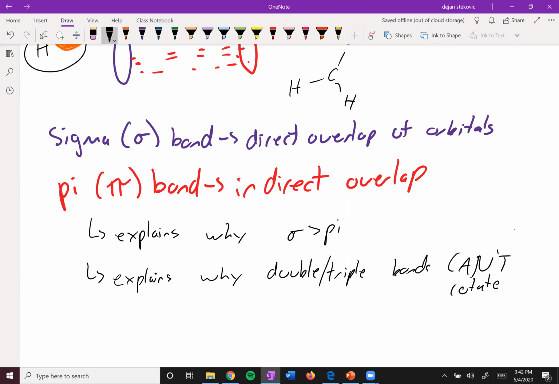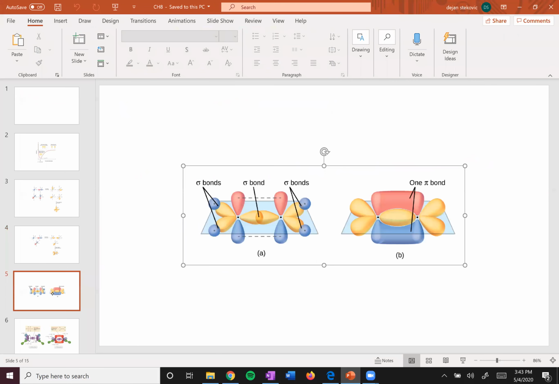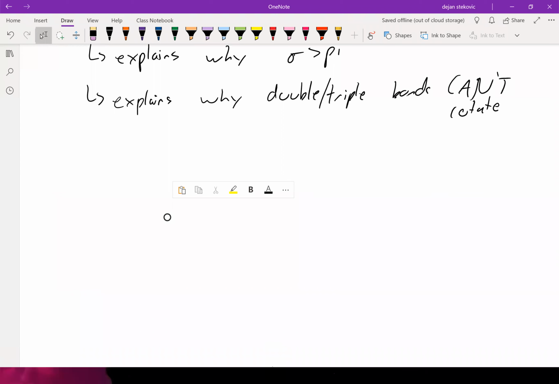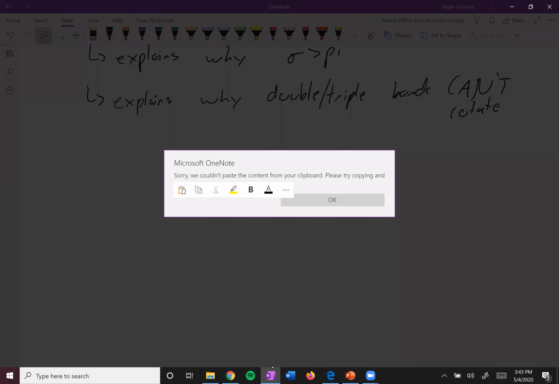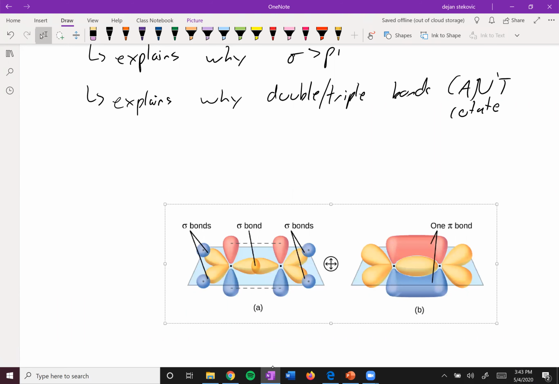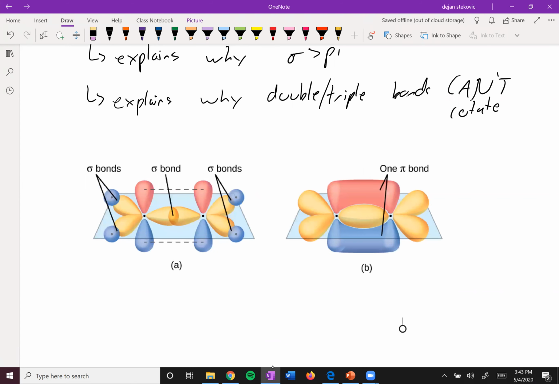If you're thinking about this bond, I got another picture here for you. The picture on the left demonstrates the three sigma bonds, in which case you see there's direct overlap each time. All this direct overlap. And then on the right, we see this pi bond.